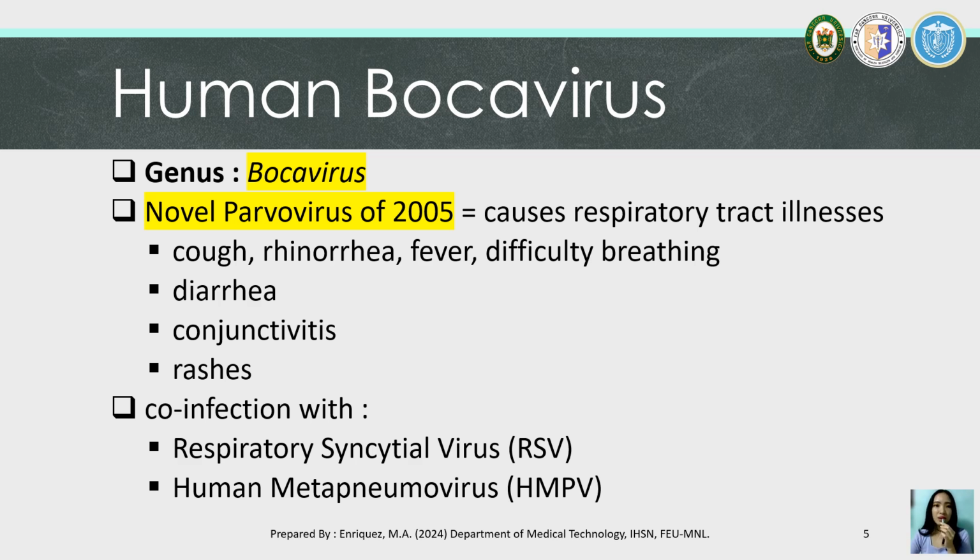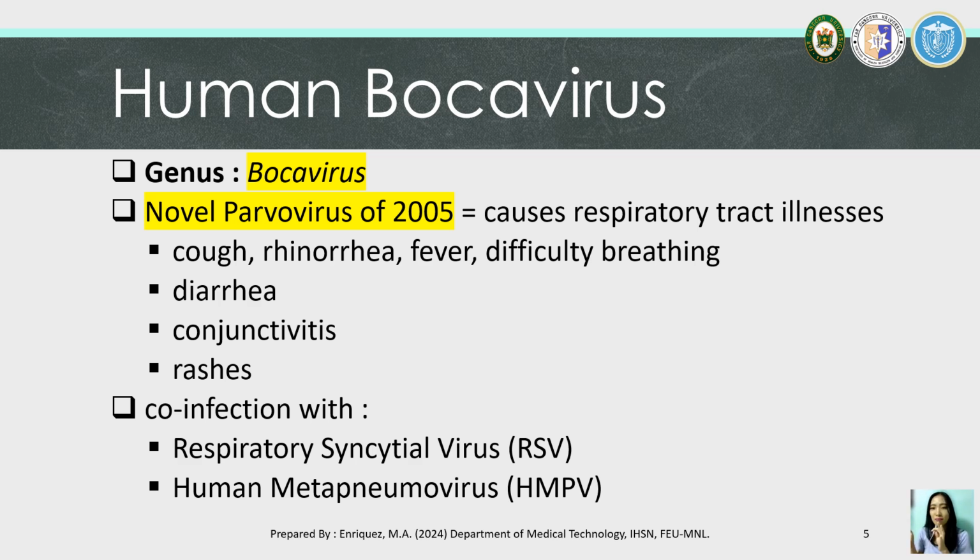Now, the virus may be shed in high quantities in stool, which could be correlated to the fact that this could also cause diarrhea. Also mentioned here is that it is usually found as a co-infection with the respiratory syncytial virus and the human metapneumovirus. Next week pa po natin i-discuss itong mga to. Alright? But ayun nga po, keep in mind that human Boca virus infections could usually go as a co-infection.